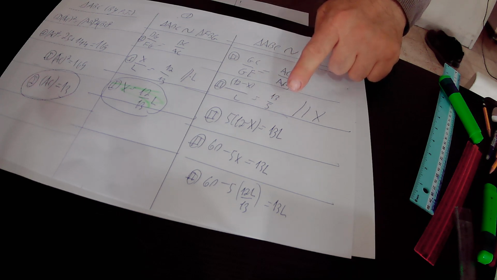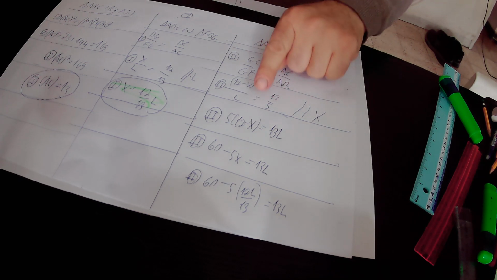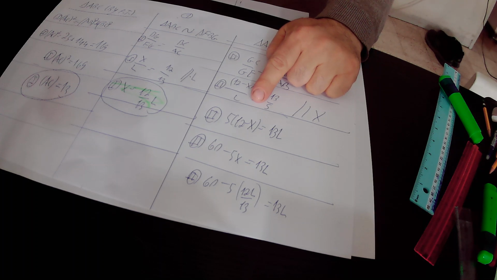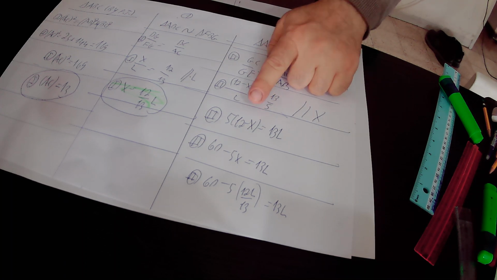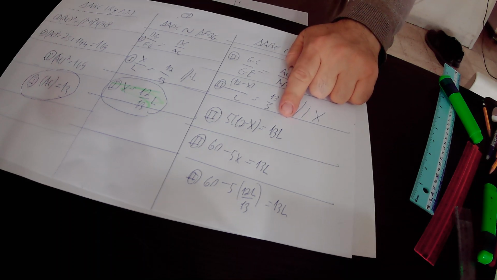We open the brackets on this side of equation 2, and found out that 5 times 12 is 60, and 5 times minus x is minus 5x, that equals 13L.